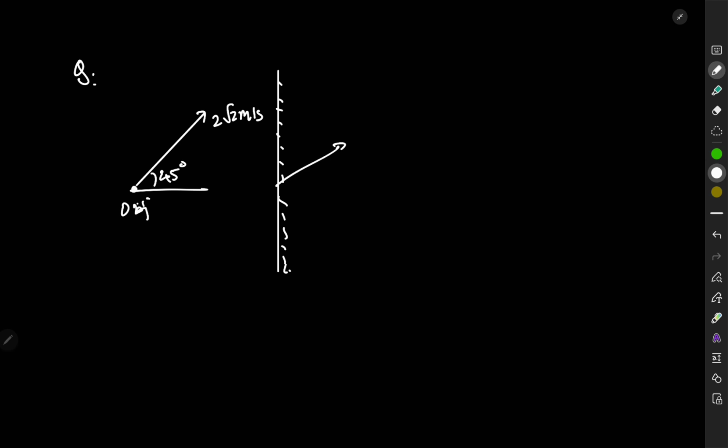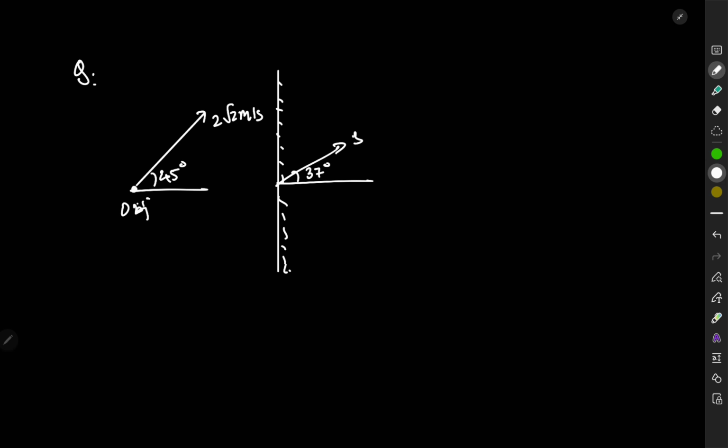There is a mirror, there is an object, okay, it is moving like this in 2√2 meter per second. Okay, that is 45 degree, and this is object. Okay, the mirror is moving here and it is moving like 37 degrees, 5 meter per second.